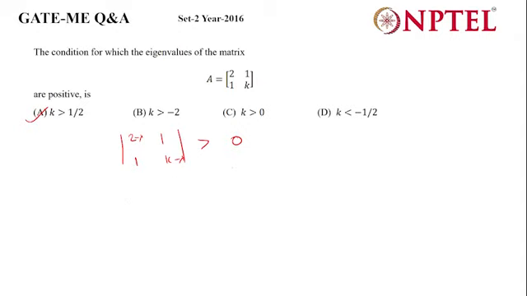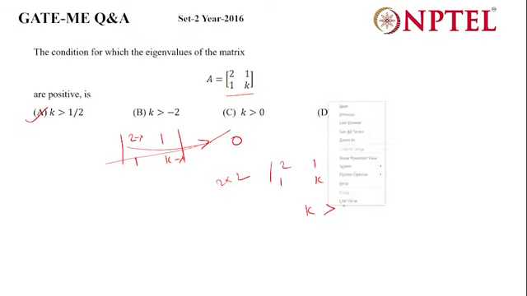Leading minors are obtained from the principal diagonal elements. Here you will get 3 leading minors. So we will take the leading minor for 2 cross 2, and it should be greater than 0. If you solve this, then your k will be coming as greater than.